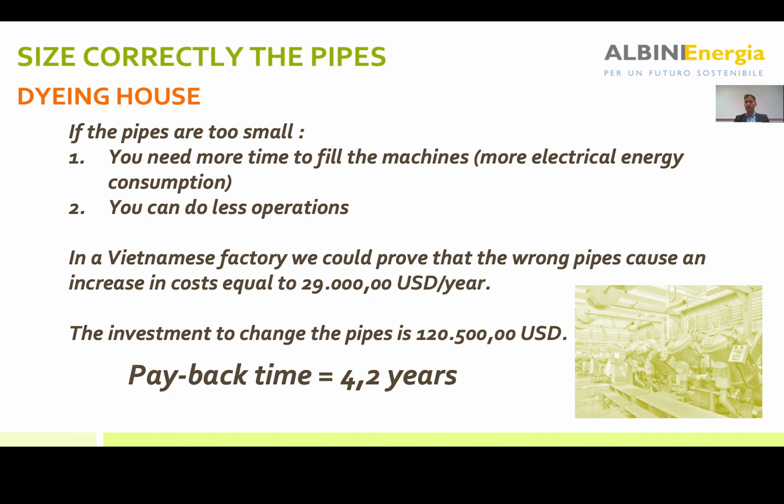So basically, your dyeing procedure is going to take much more time. It means it's going to cost much more, because your circulation pumps are running all the time. So if your dyeing procedure takes 8 hours, the main pumps will run 8 hours. If it takes 6 hours, it runs 6 hours.